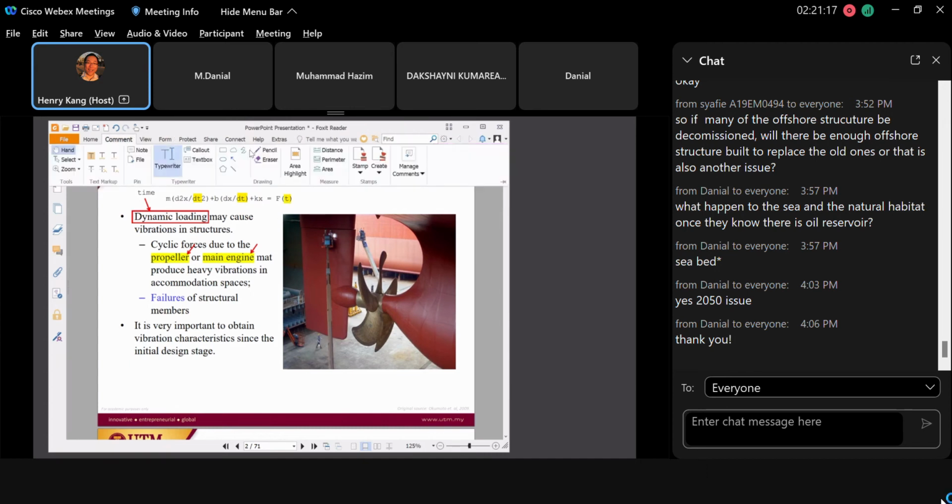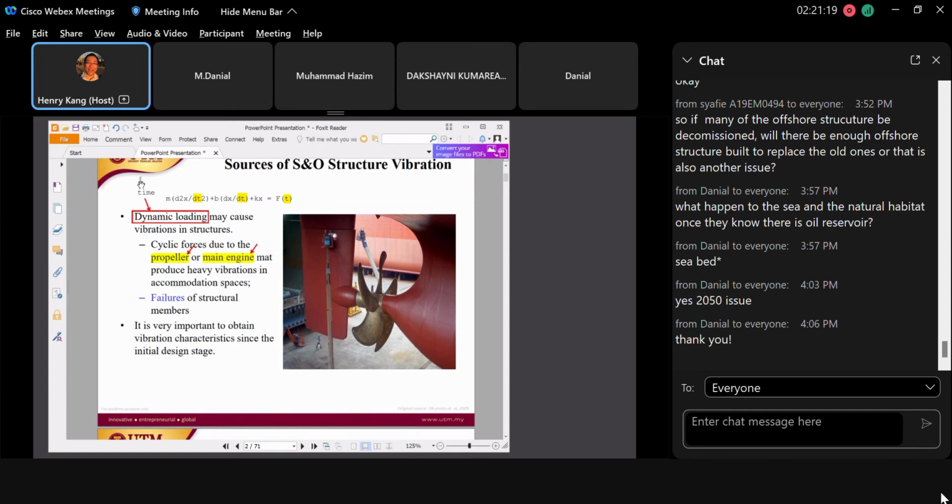In other words, the value is time varying. That means the value is changing according to time, going up and down, up and down. So this is so-called dynamics.